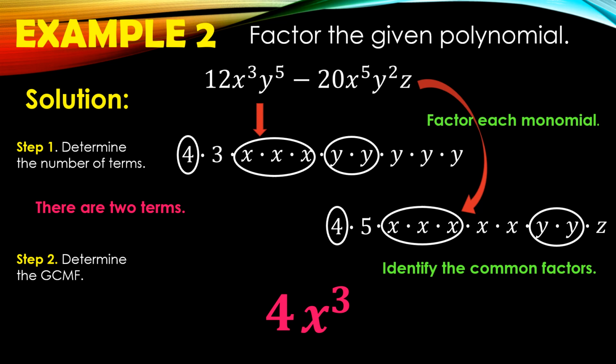And there are 2 common variable y. That will give us y squared. In other words, the greatest common monomial factor of the given polynomial is equal to 4x cubed y squared.